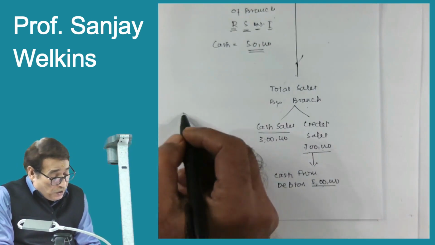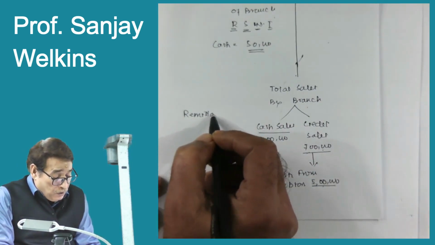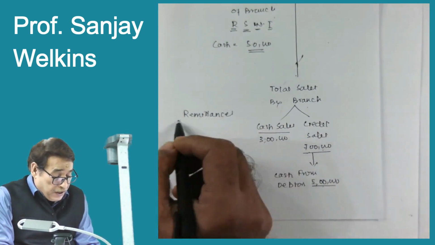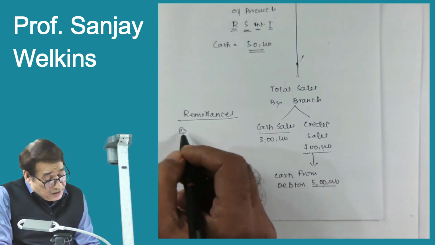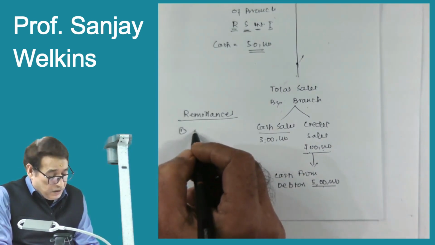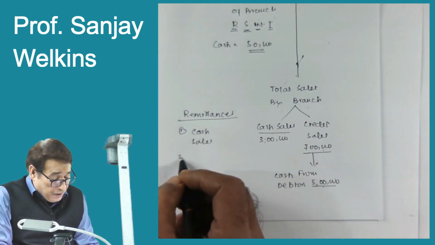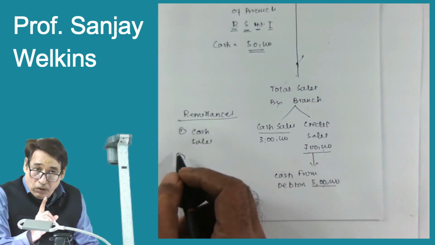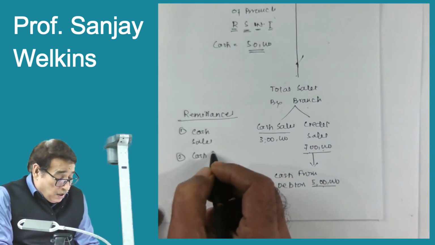Please pay attention. I told you the meaning of remittances earlier. As you know, in the branch account, towards the credit side, we write remittances. Remittances has two important parts. One, cash sales, and second, not credit sales, second is cash from debtors.